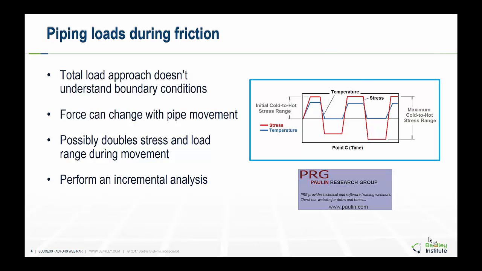For example, the magnitude of the friction force as the pipe returns to ambient conditions after an operating condition will be the same magnitude but in the reverse direction, and this could possibly double the stress load range. It is preferable to perform an incremental analysis, as is done in AutoPIPE, to ensure no extreme load is overlooked.